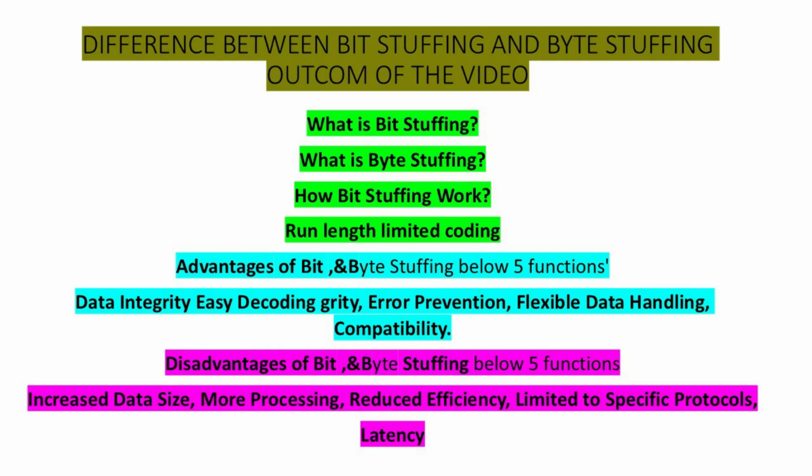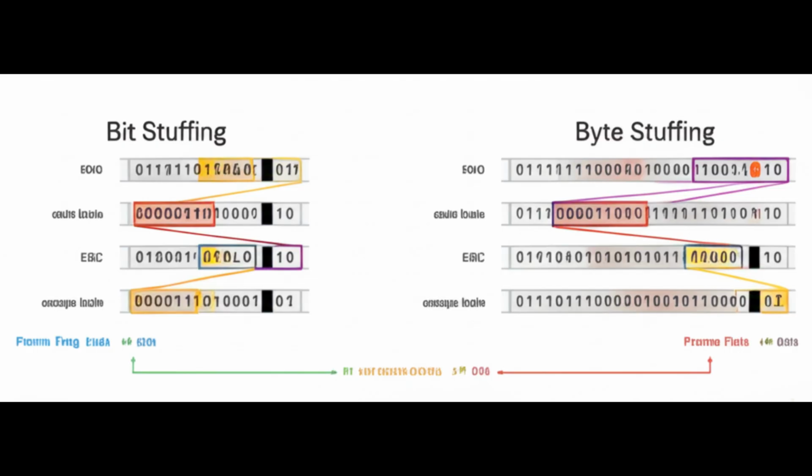Bit stuffing helps ensure that data is transmitted without confusion between data and control signals. This prevents errors, message interruptions. Error prevention: by adding extra bits, stuffing reduces the chances of misidentifying special bit patterns, which can lead to data loss or corruption.